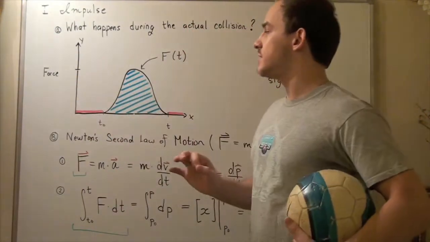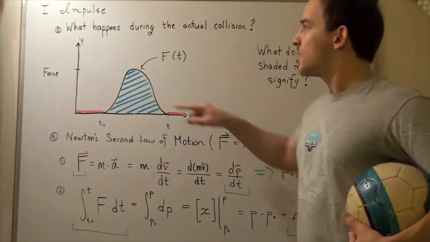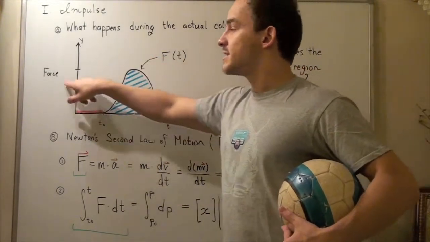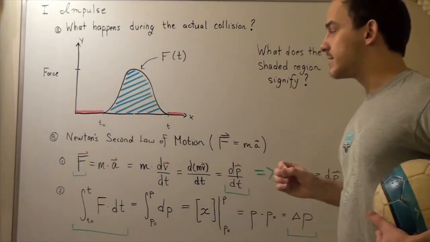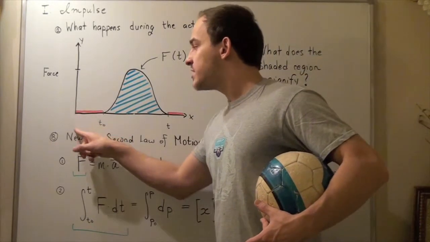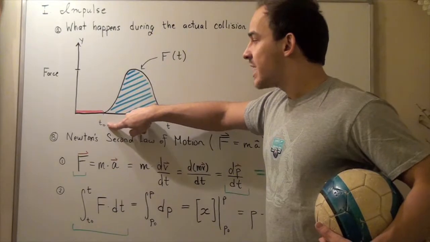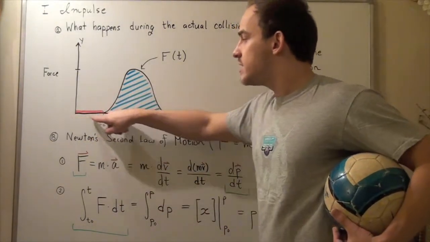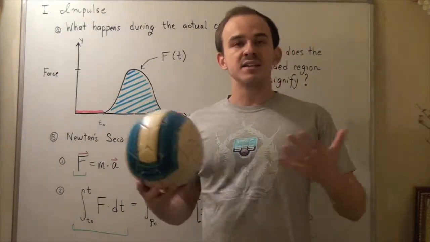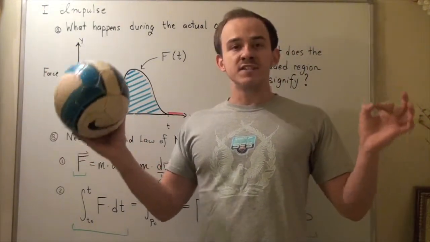So let's plot this on the y-x axis, where the y-axis is my force in newtons, and x is my time in seconds. So at time equals 0, up to my initial time when my two objects make contact, my force is 0. And that's once again because my two objects are not physically touching.